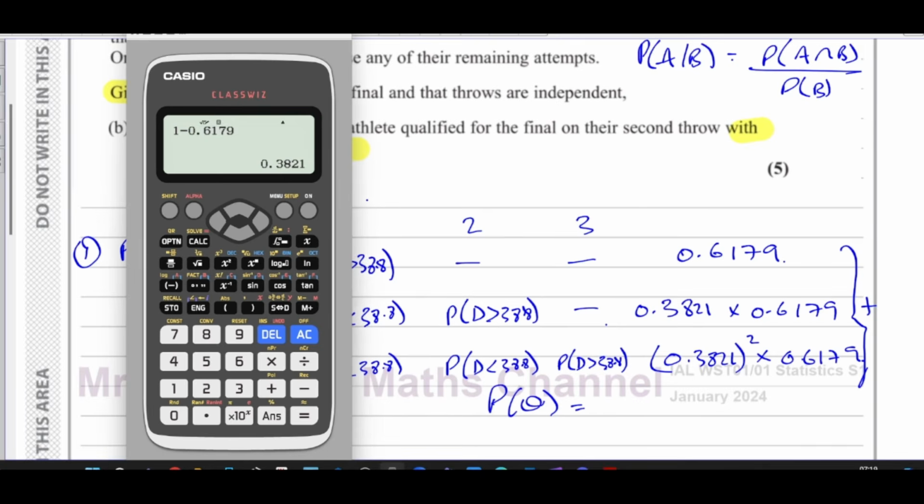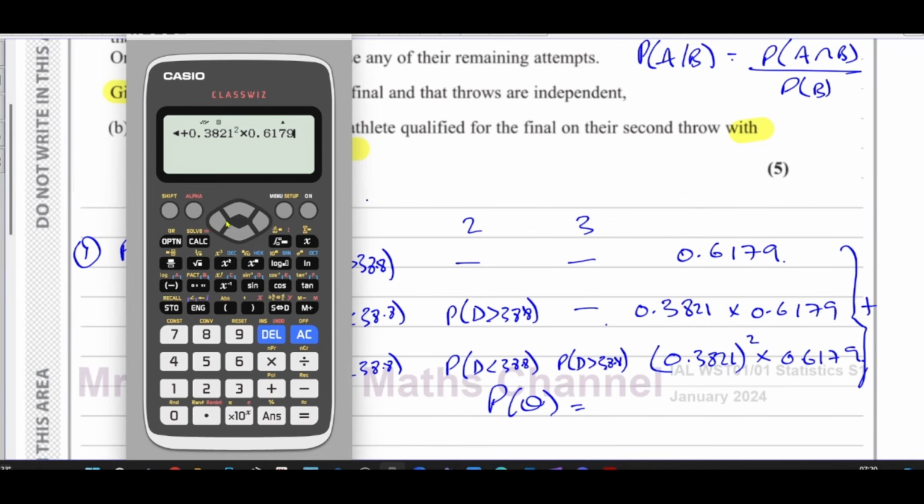So let's do that. We have 0.6179 plus 0.6179 times 0.3821 plus 0.3821 squared. Okay, be careful. 0.3821 squared times, for the final throw, 0.6179.